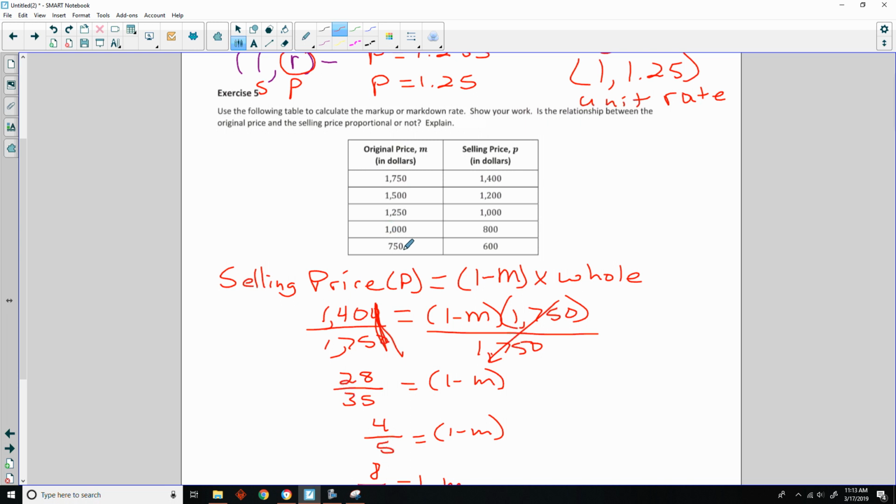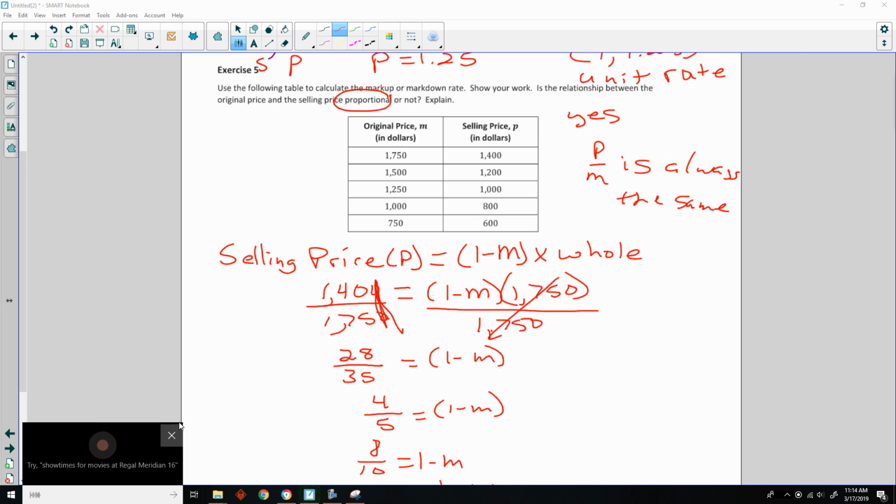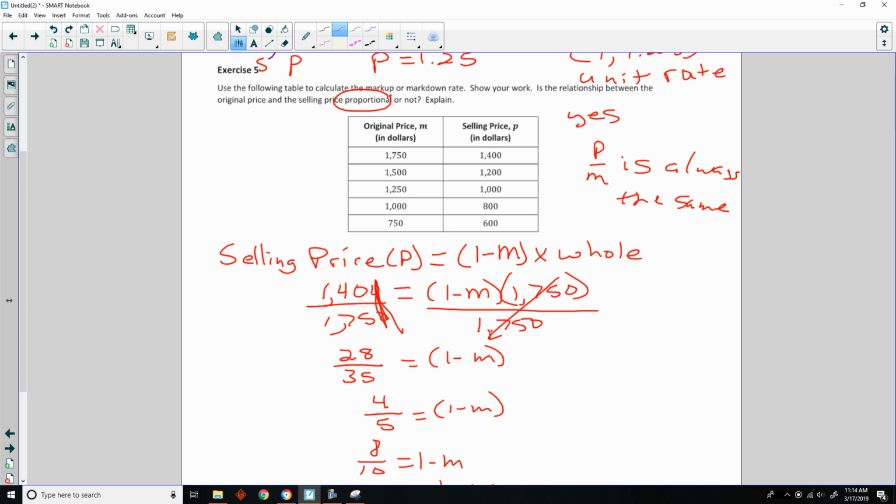And multiply this by 0.2, and that's 150. 750 minus 150 is 600. So, is it proportional? Yes. Because P divided by M is always true, or the same. Okay, we have a constant rate of change.